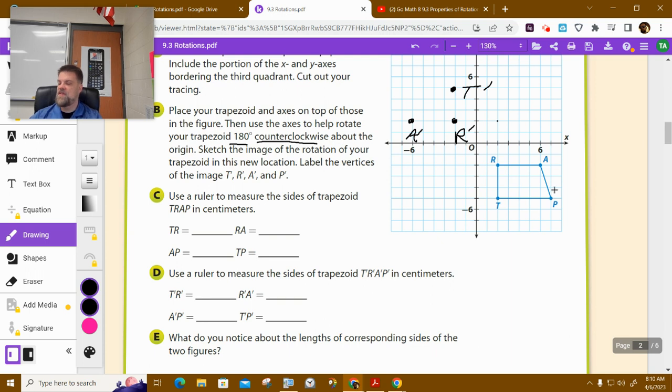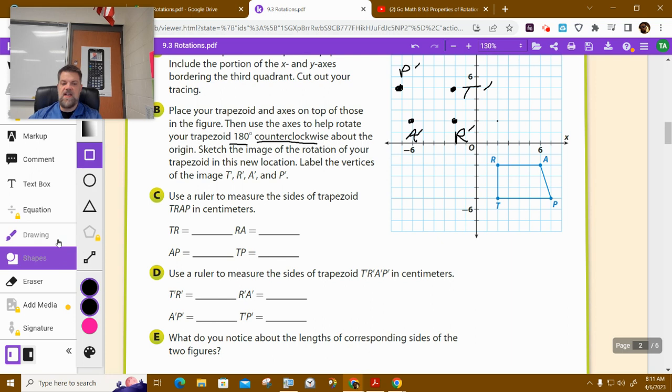Yeah, you could. And then away from T, parallel to the x-axis is P, and how many units is it? 1, 2, 3, 4, 5. So if I come here and I go 1, 2, 3, 4, 5, that would be P prime.